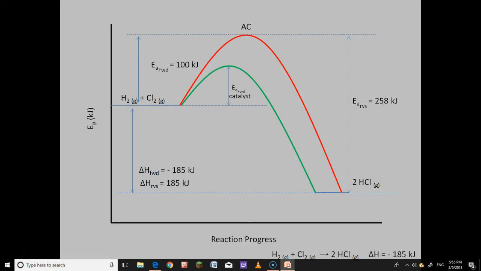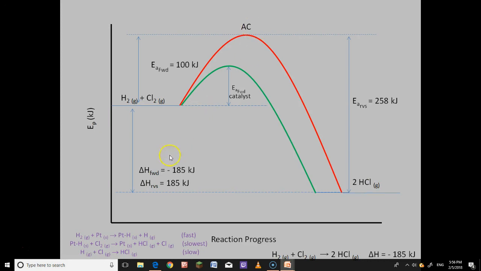And so we can see that my activation energy for my forward reaction with the catalyst is much less. Now, we don't talk about what a catalyst does, but when it provides an alternative reaction pathway, it really provides what we call a different reaction mechanism.